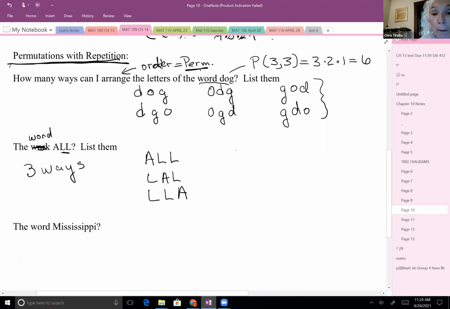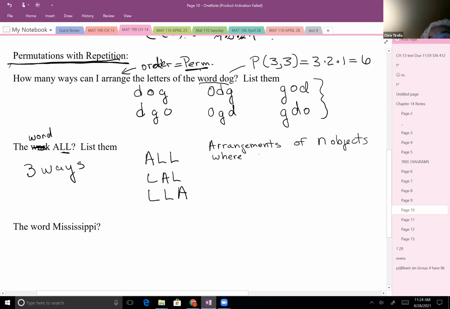And so if I have permutations, arrangements where order matters, but some repeats, we're going to have a different formula for this. Let me write the formula in a sentence, and then let me apply it to that next one, Mississippi, so you see what it means. So I want the arrangements of n objects where R are the same, S are the same, T are the same, and I'm going to put dot, dot, dot.